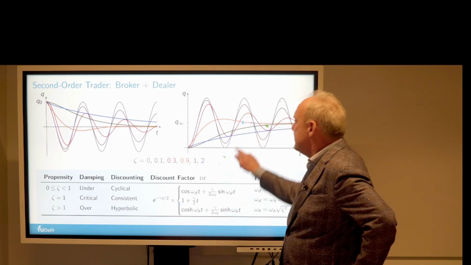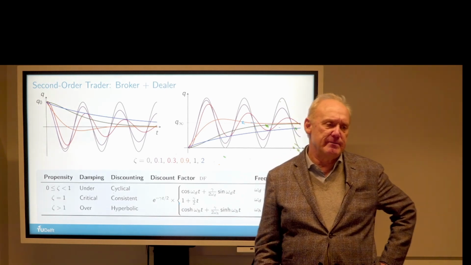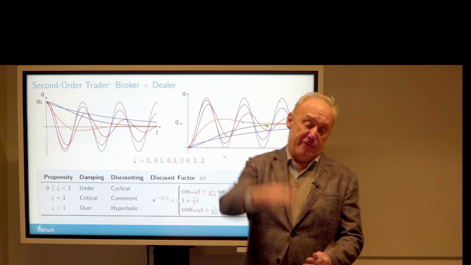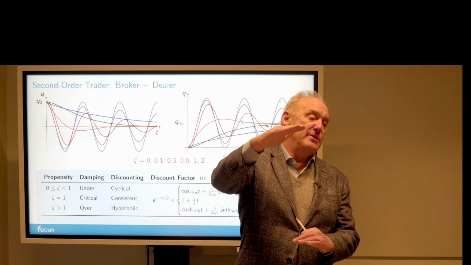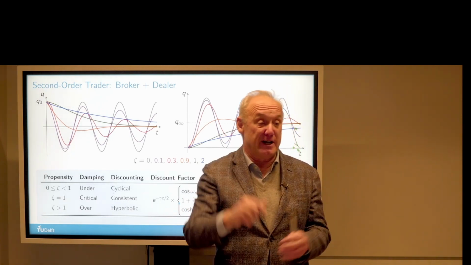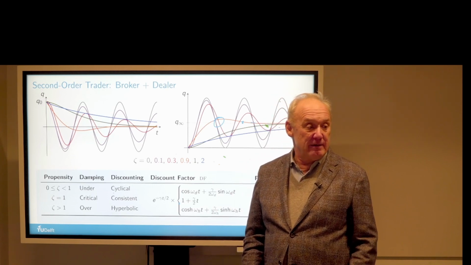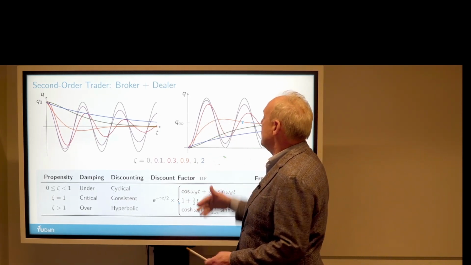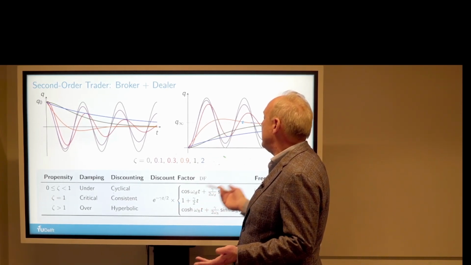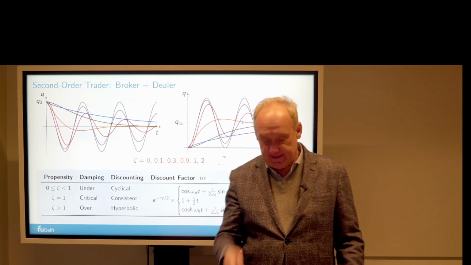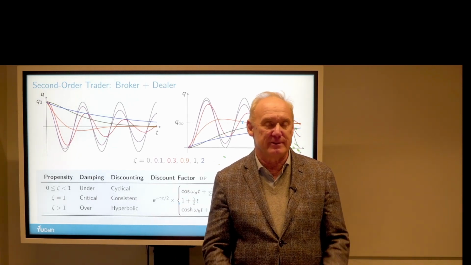So then you would use a critically damped system. So if you had an inventory and you want to fill it to a certain level, but you can overshoot a bit, so there's some extra space there, I would use something like this. Now, if you're just a dealer and you don't pay much for using a lot, like a currency dealer, they just have this drawer where they put some bills in.